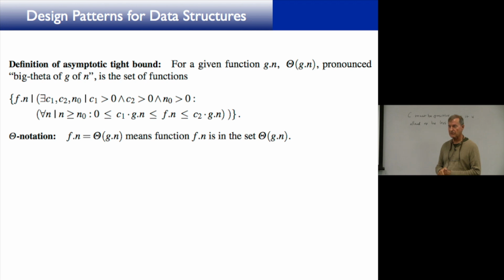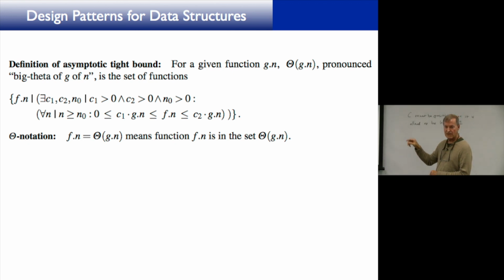It's called a tight bound if it's bounded above and below by the same function. All right. So here's the definition. Now formally, you have to show that there exist two constants, C1 and C2, and one n naught. And so you see it's bounded below: C1 times g(n) is less than or equal to f(n), and f(n) is less than or equal to C2 times g(n).